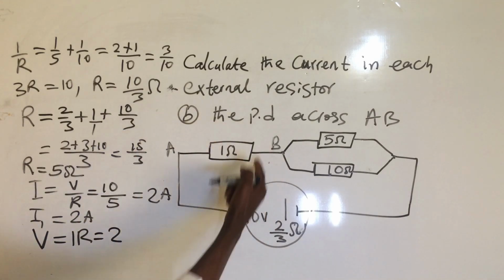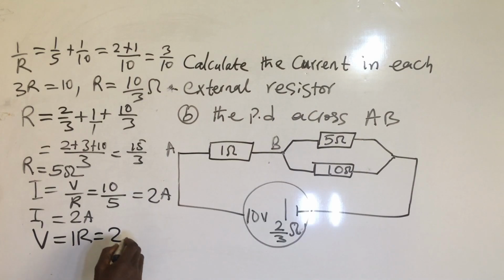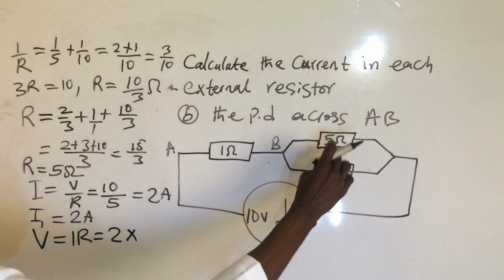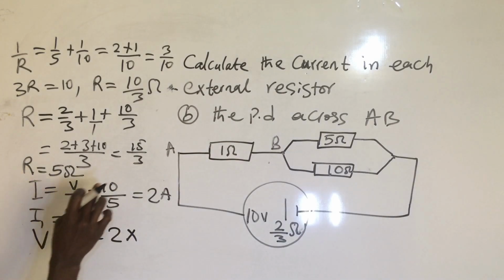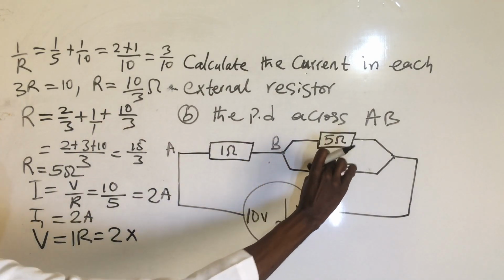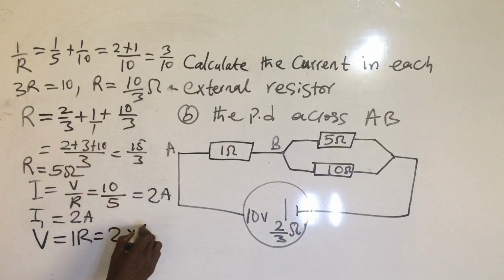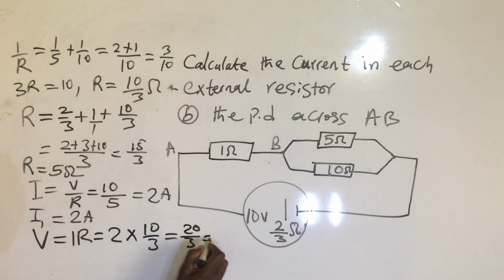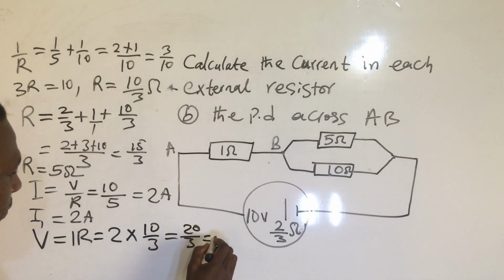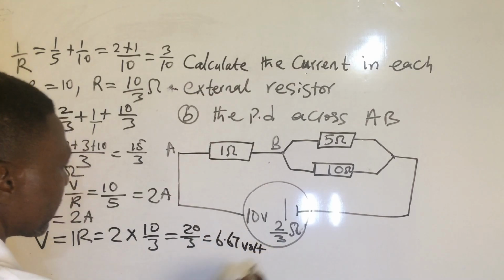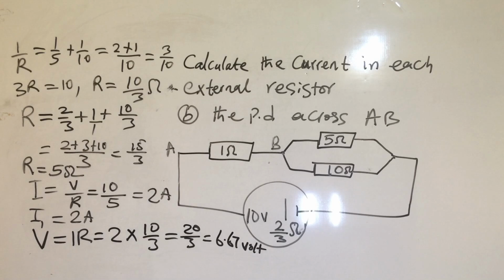Our I is 2, moving in the two of them, times the resistance, which I've calculated as 10 over 3 for this one only. 10 over 3 times 2 gives 20 over 3, and 20 divided by 3 is 6.67 volts.